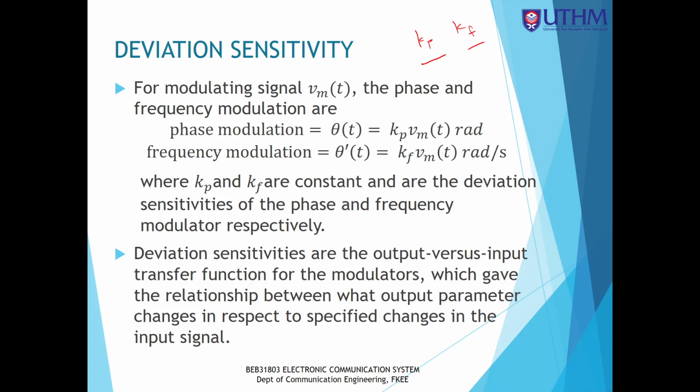From Kp and Kf, we can define theta t and theta prime t. Theta t is equal to Kp Vm(t), in units of radians, and theta prime t is Kf Vm(t), in radians per second, where Kp and Kf are constant parameters and are the deviation sensitivities for the phase and frequency modulator respectively.